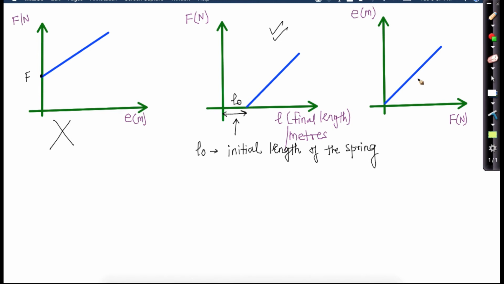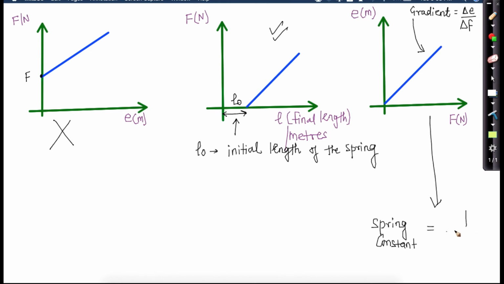Okay, in this graph, why did I plot this graph? Because the gradient of this graph won't give you Hooke's law, because the gradient of this graph will be del E by del F. So in this kind of graph, the spring constant is the reciprocal of the gradient.